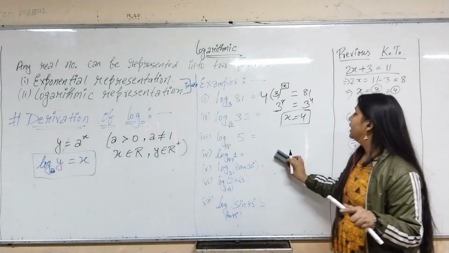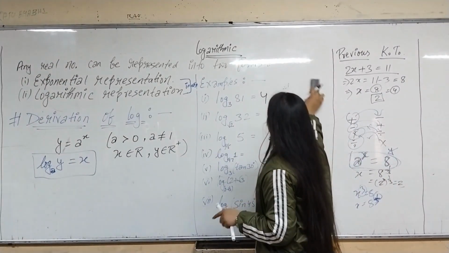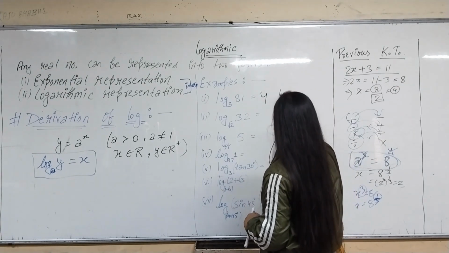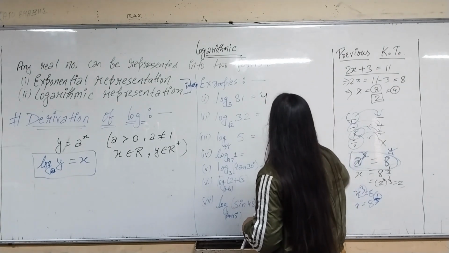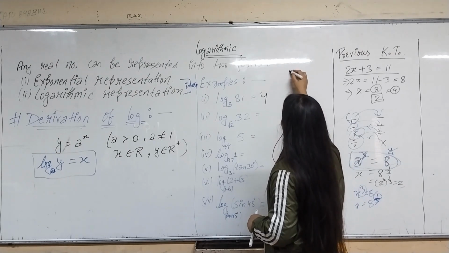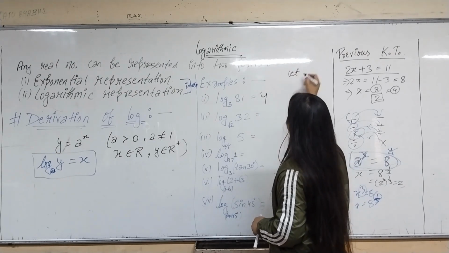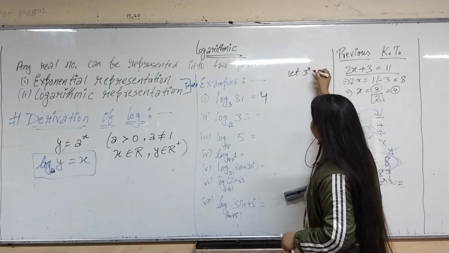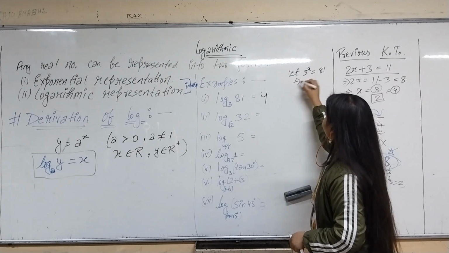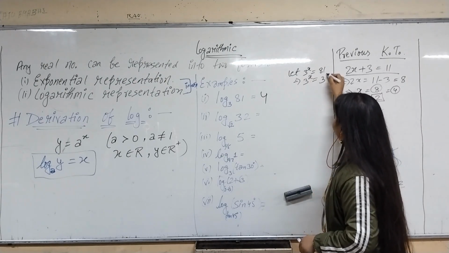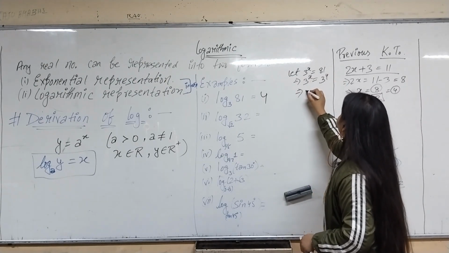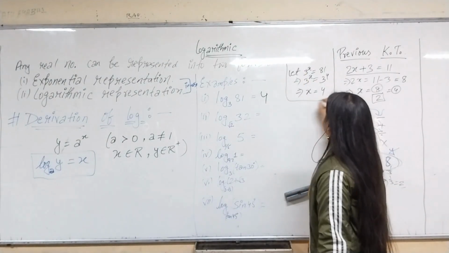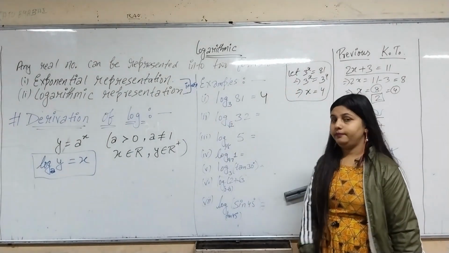If you want to note it down, you can write: let 3 to the power x equal to 81. It will give us 3 to the power x equal to 3 to the power 4 and x equal to 4. Get it? In a similar manner, we are going to solve all of them.